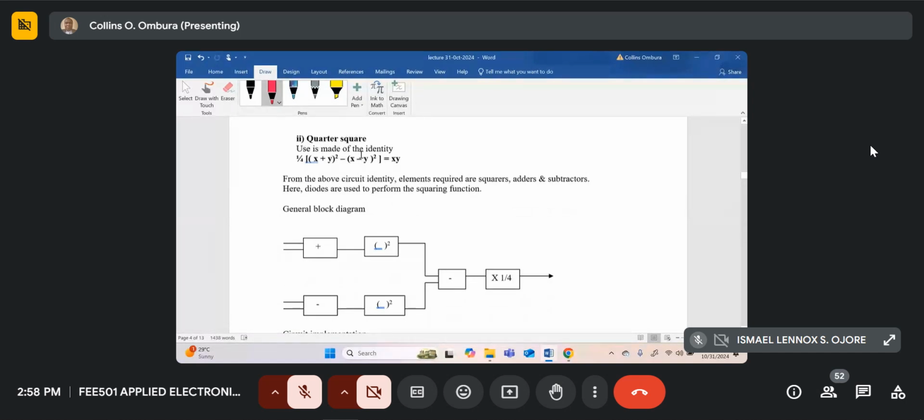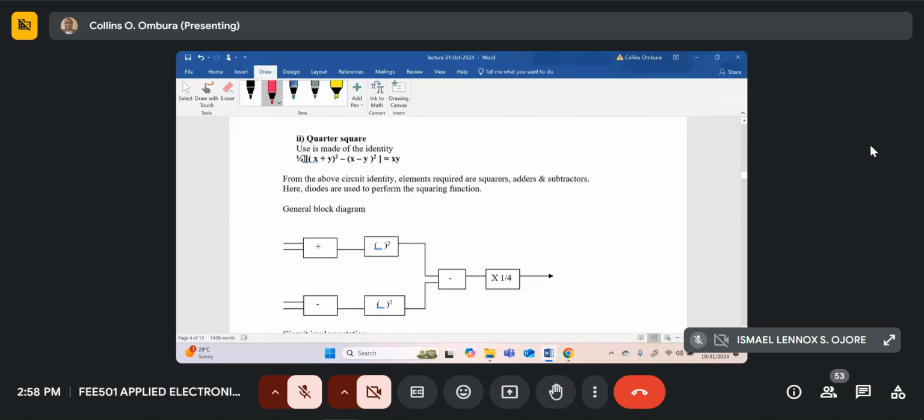It uses this identity: 1/4 into brackets x plus y squared, where these are the voltage variables, minus x minus y all squared, is equal to xy. If you expand the left-hand side, you'll get xy.